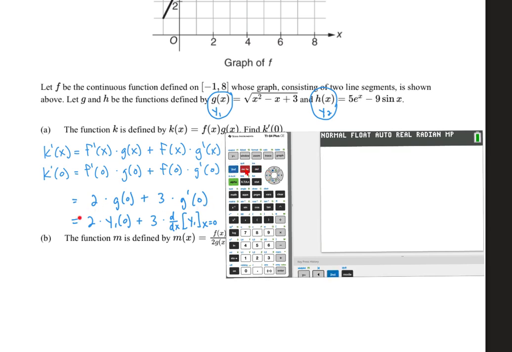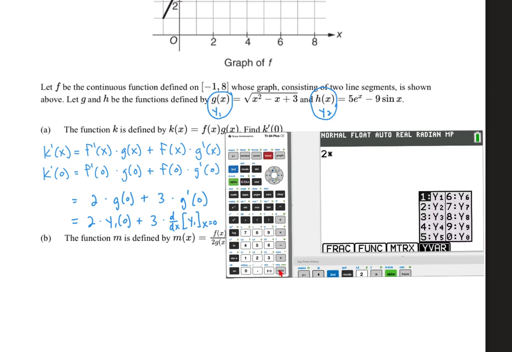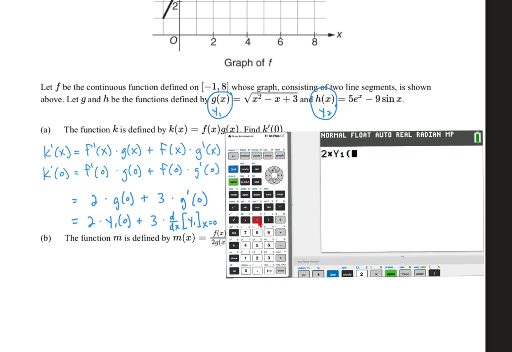And then we'll just basically be typing this in the calculator. Times. Okay, remember to get y1, do alpha trace, and then hit enter for y1, and then just do open parentheses. Okay. And that's f of 0 is 3.